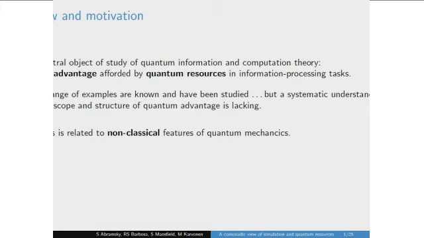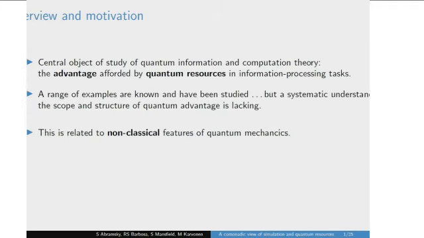The idea is that we'd benefit from a systematic understanding of what exactly gives the benefit, and probably it has to do with something in quantum mechanics that's definitely different from known classical features.